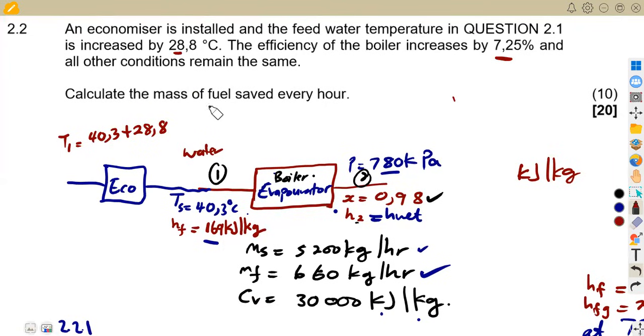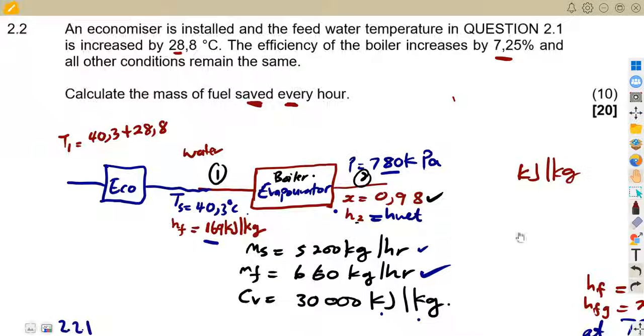Now they are saying calculate the mass of fuel saved per every hour. In order for you to have the mass of fuel saved, you are supposed to consider calculating the mass of fuel again with these conditions, because before we have the mass of fuel at 660 kilogram per hour.